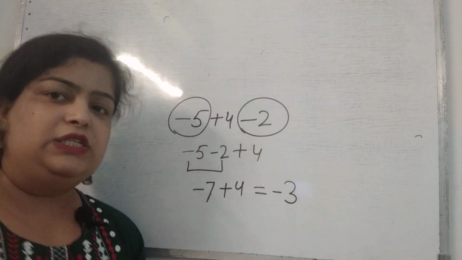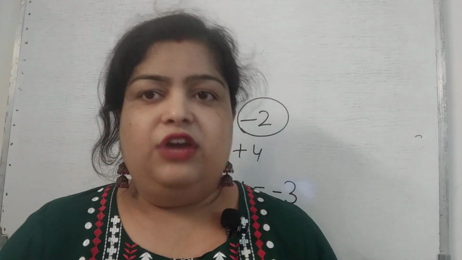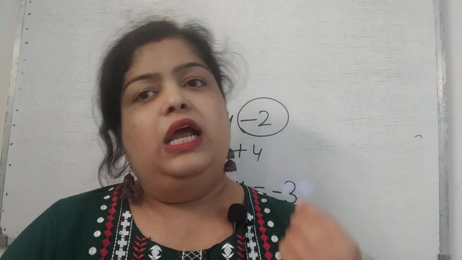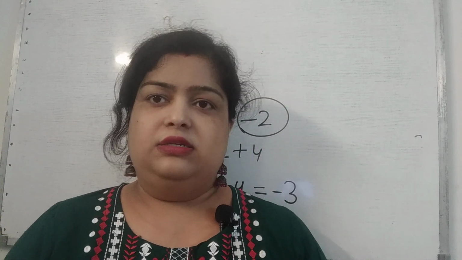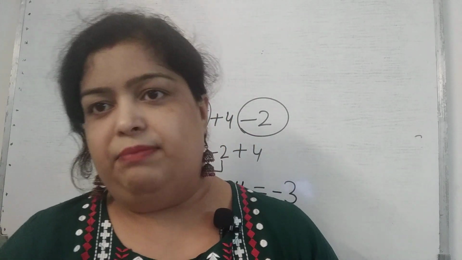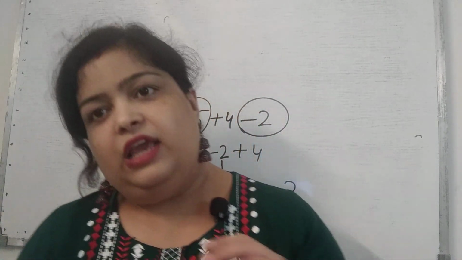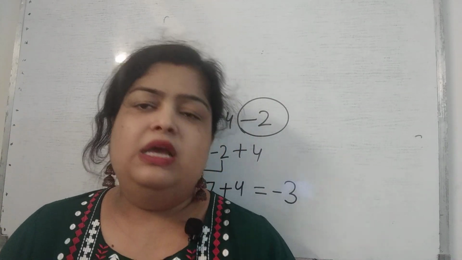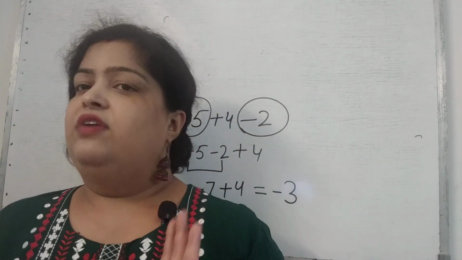Okay, I hope it's all clear to you. I'm explaining that again. If two integers having the same sign, like if we have two positive integers and we are adding them, then the answer is also a positive integer. And if we have two negative integers and we are adding them, then the answer is also a negative integer.